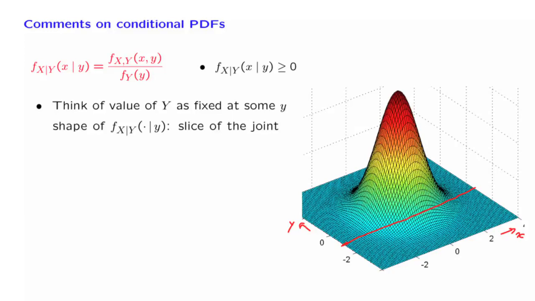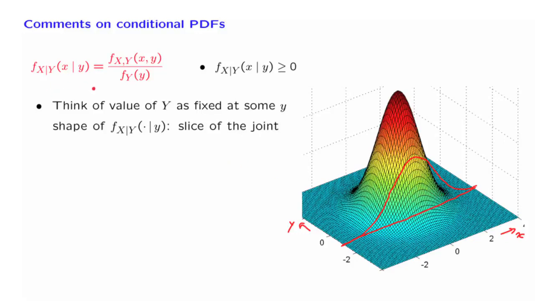So the height of the joint, if we trace it, is one of those curves up here, and it kind of goes down. So it is really a slice taken out of the joint PDF. If we condition on a different y, we get a different slice of the joint PDF, and so on.